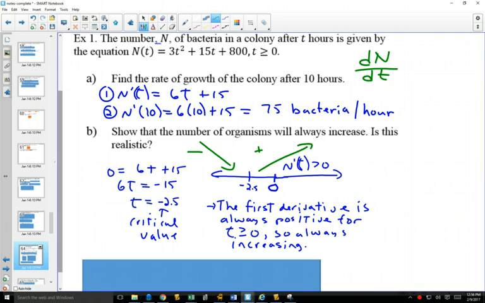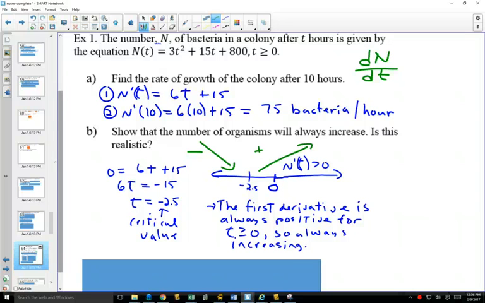After negative 2.5, it's increasing. But in the context of this equation, we're only thinking about time greater than or equal to 0. And so the first derivative is always positive when time is greater than or equal to 0. That means that our bacteria are always increasing.